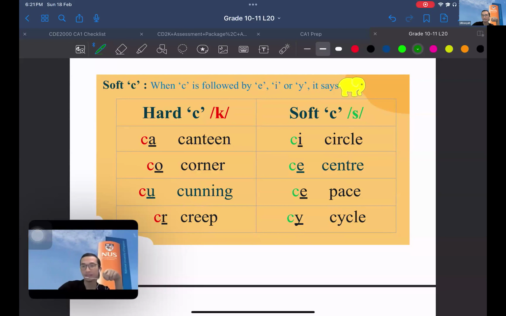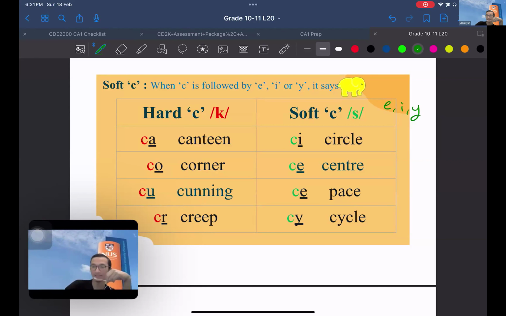Then the soft C: these three letters, E, I, and Y. CI is circle. Then CE is center. Then we have pace.